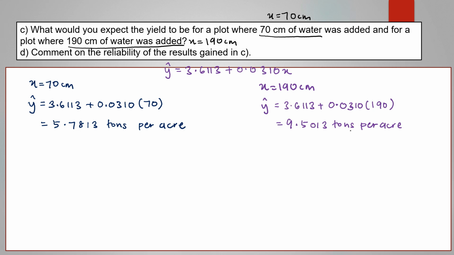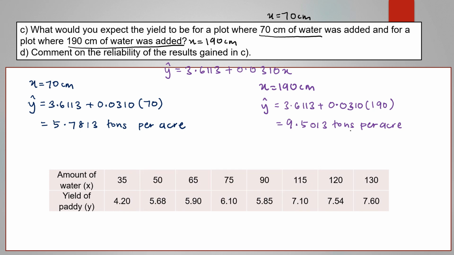From the observed data, we are given the amount of water starting from 35 cm up until 130 cm. So for x equals 70 cm, if you can see from the observed data, x equals 70 cm is within the range, somewhere here.